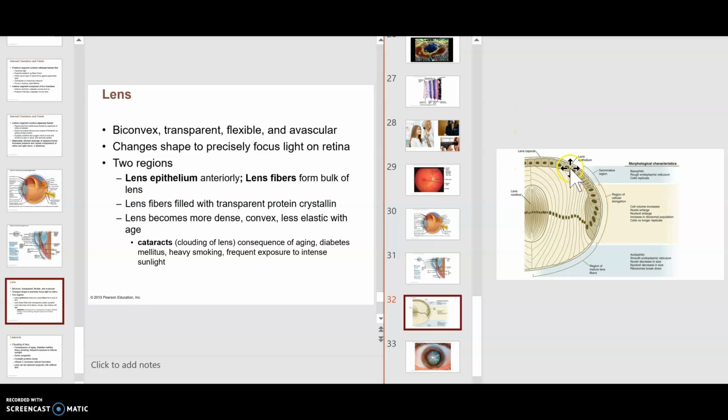And then underneath that would be these fibers here that look like onion rings. And so you have a constant turnover in the lens. It's biconvex, transparent, flexible, and avascular, and changes shape to precisely focus light on the retina.